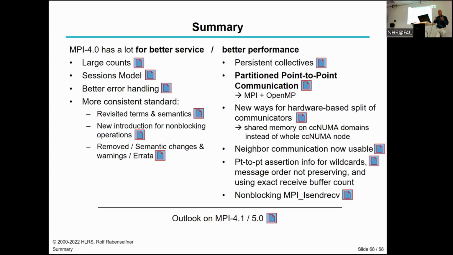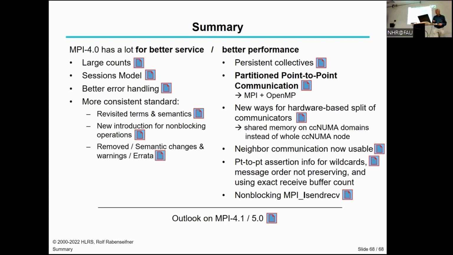And going to my summary, with MPI 4 we have several things for better service and several things for better performance. Better service: large counts, the sessions model, the error handling, more consistent wording of the MPI standard, the revisited terms and semantics, the introduction for the non-blocking operations, and adding these chapters of semantic changes and so on.